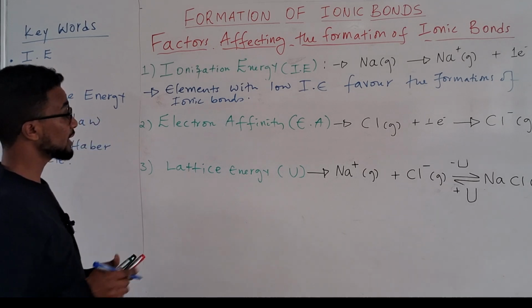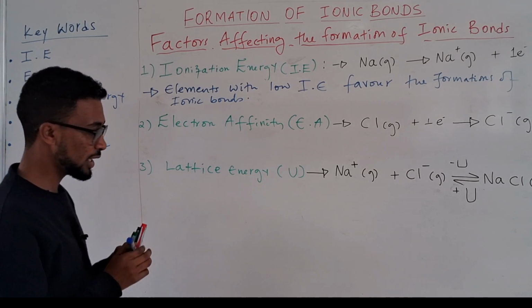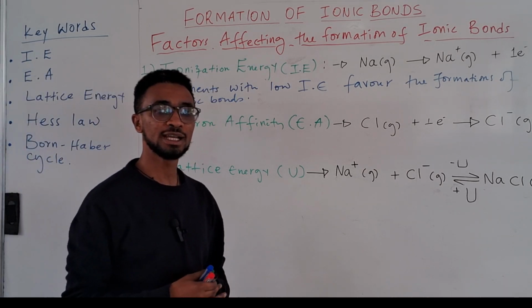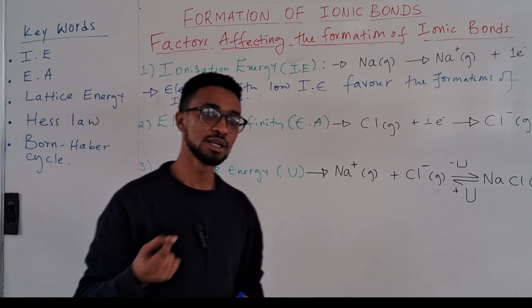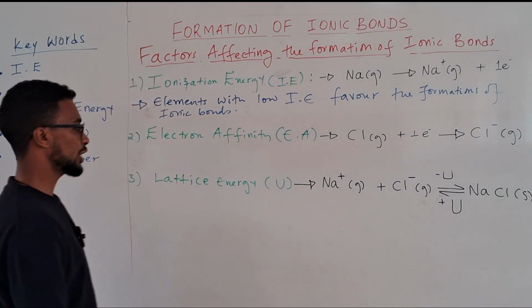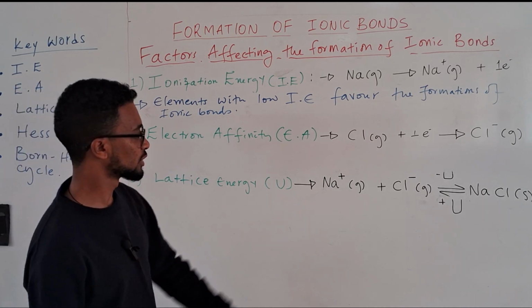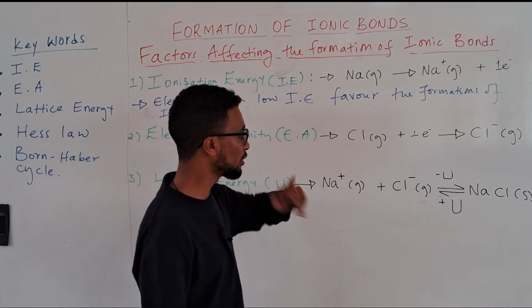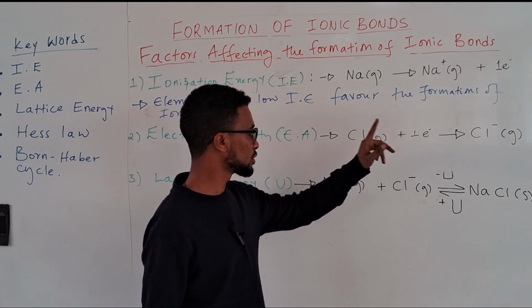Why is this? Because elements with low ionization energy are most likely to lose their valence electron easily, making them a cation.